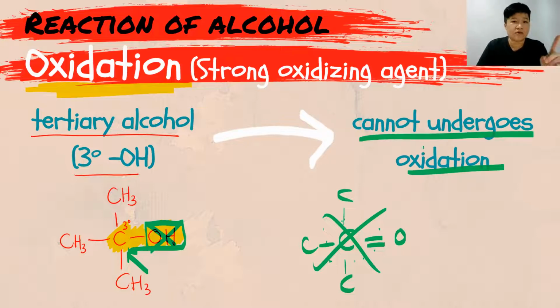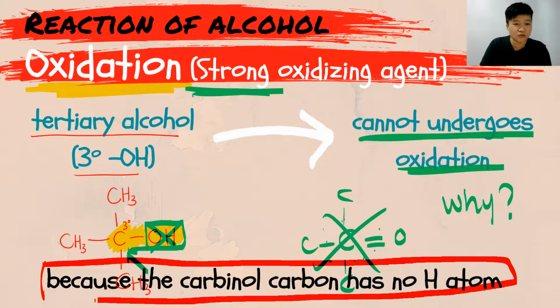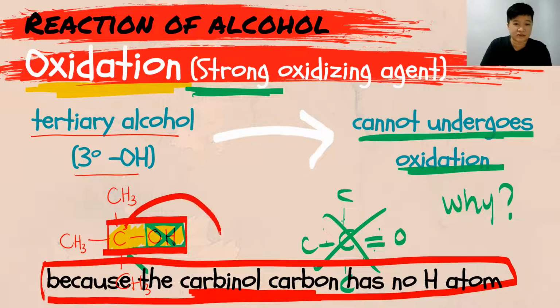Your tertiary alcohol will never be able to undergo oxidation no matter how strong your oxidizing agent is. Why? Because your carbonyl carbon has no hydrogen atom. The carbonyl carbon over here is the carbon that is holding the OH. This is your carbonyl carbon. It has no hydrogen atom.